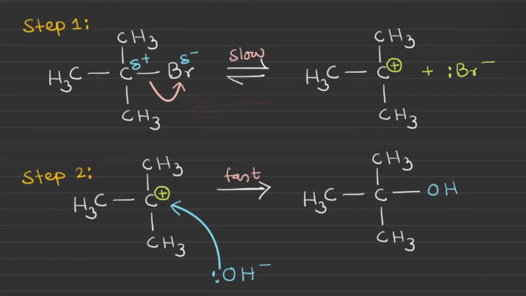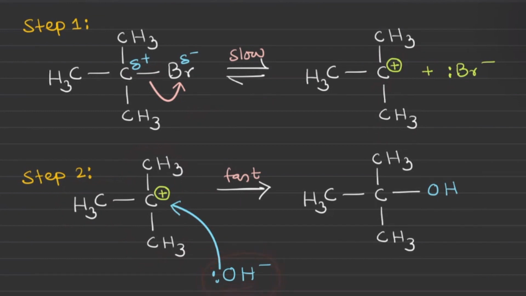But sometimes, as we are heating this mixture with sodium hydroxide, it may happen that the carbocation that is produced gets immediately attacked by a nucleophile, for example, the hydroxide ion.